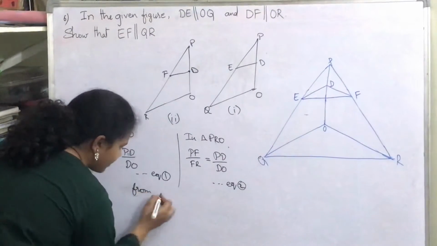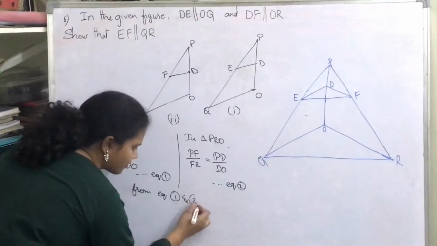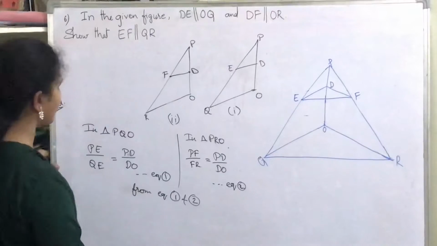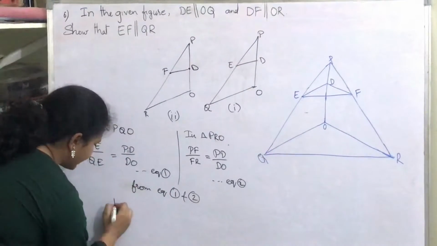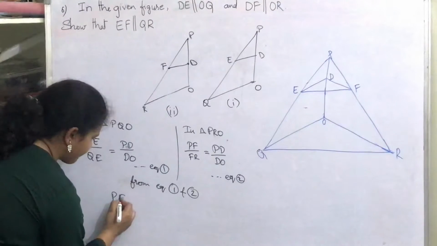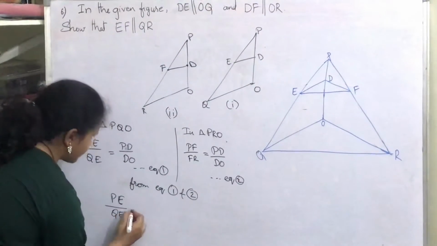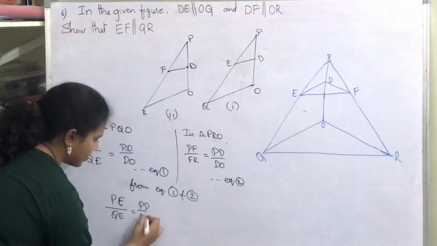From equation 1 and equation 2, here you have the first equation: let me write down PE by QE equals to PD by DO.